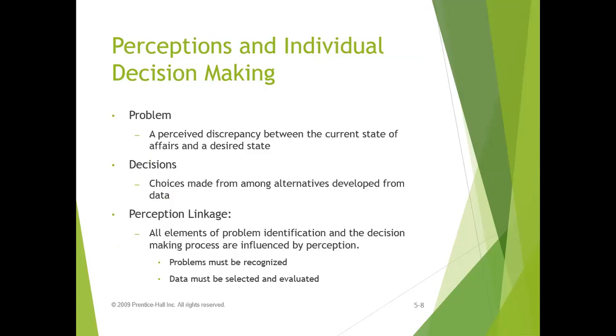Then the next part is perceptions and individual decision making. Problems in the organization are preconceived discrepancies, basically between the current state of affairs and a desired state of affairs. This basically means that a gap is found in a particular objective. So when is the gap identified?